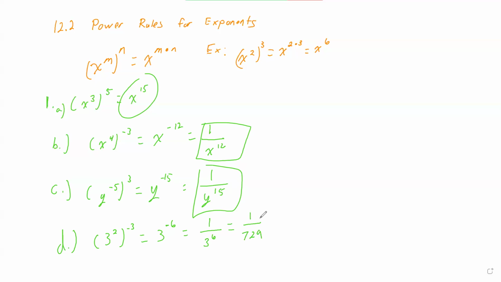Yeah, 729. Yeah, 243 3 times. Yeah, I trust it. But just remember that when it's a number, they do want you to go all the way to whatever the value is. And technically you could use your calculator and type this exact thing in, and it will shoot this back out to you. Yes, because of the negative right here.